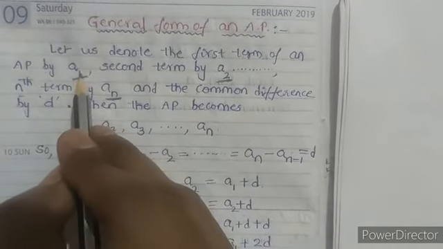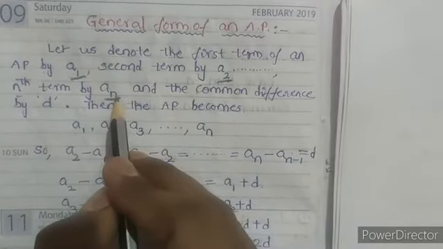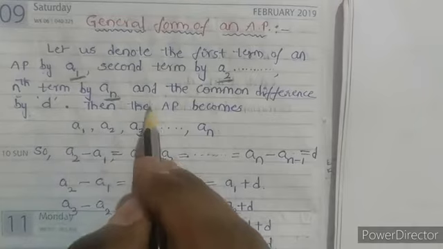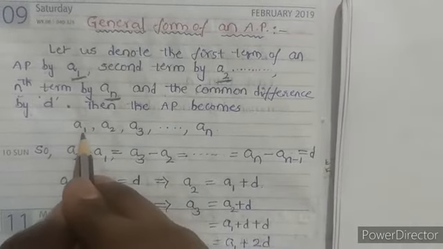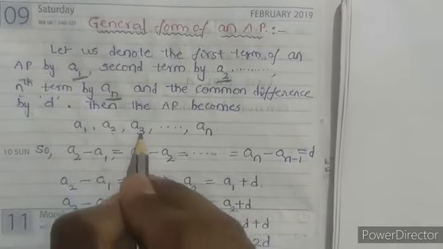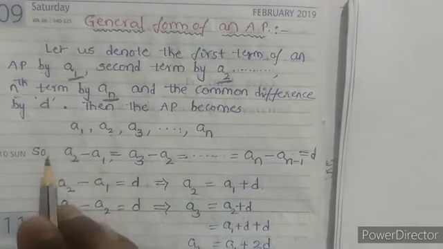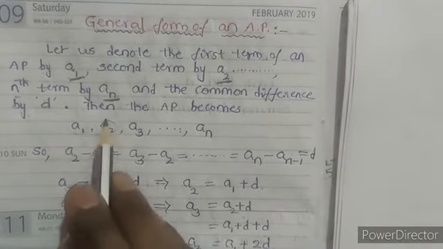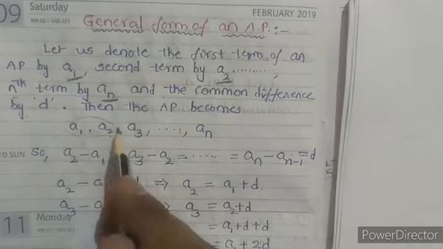If you represent the first term as A1, second term as A2, nth term as An, and the common difference by D, then the arithmetic progression becomes A1, A2, A3 and so on up to An. The difference between any two consecutive terms of an arithmetic progression is known as the common difference.